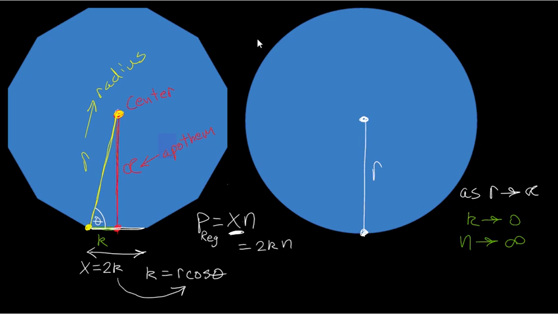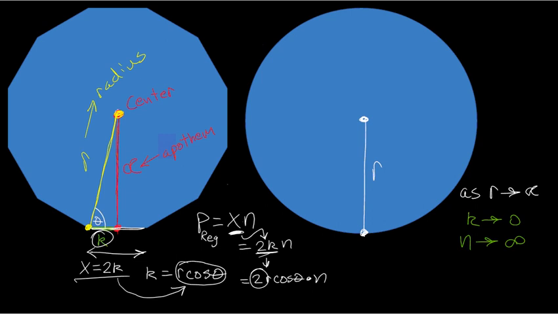We substituted x for the fact that it is 2 times k. Okay? And we can substitute 2k because we know k is r cosine theta. So we can say 2 times r times cosine theta times n is equal to our perimeter, right?